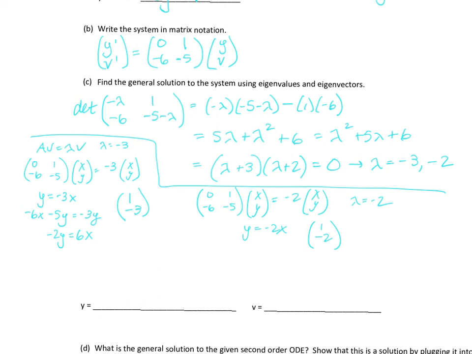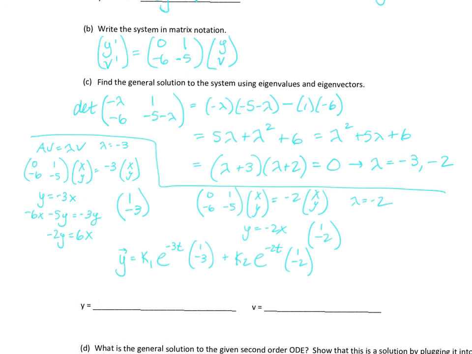All right, so my general solution in vector form is k1 times particular solution 1, which is e to the lambda t times v, plus k2 times particular solution number 2, which is e to the other lambda t times the associated eigenvector.